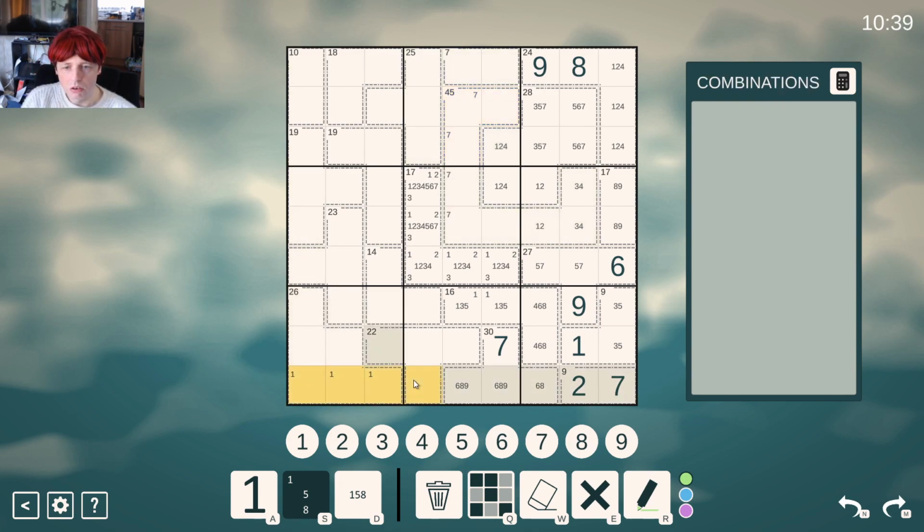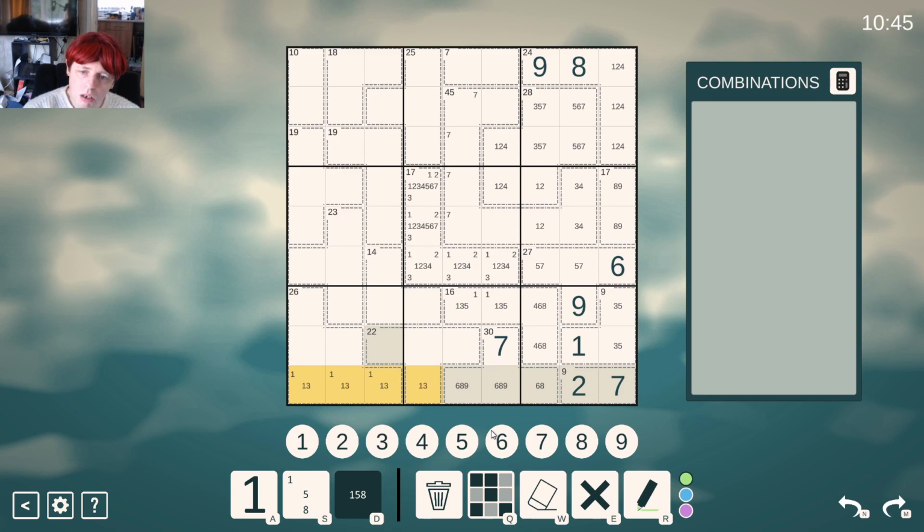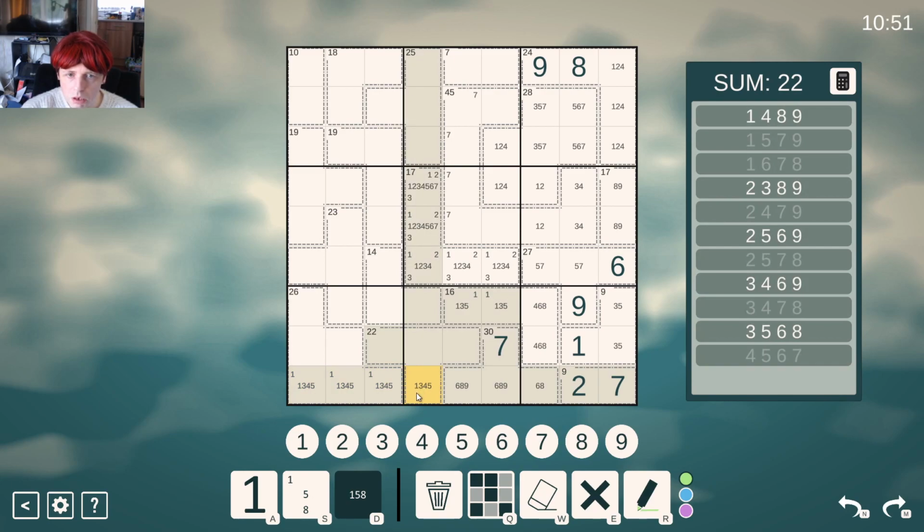What do we need along here? 2, 7, 6, 8 and 9 are gone. 1, 3, 4, 5 then. That can't be 1. We can't have a 1 in here actually.